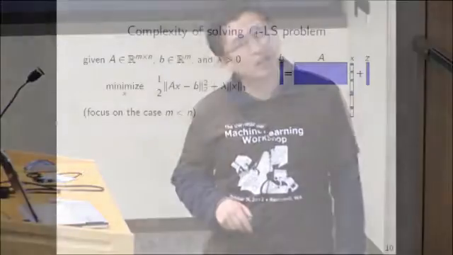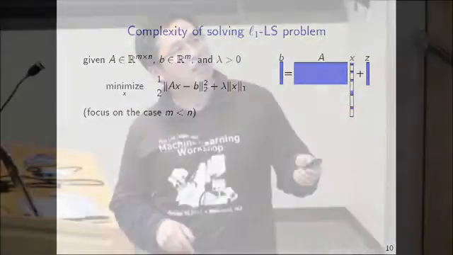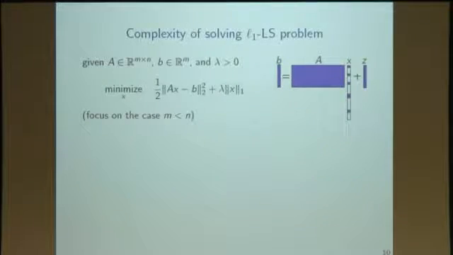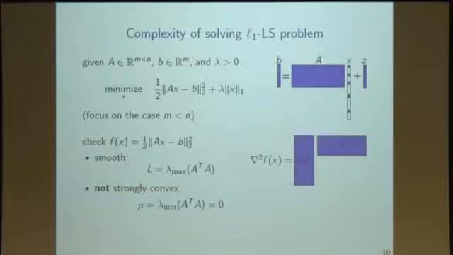Okay, now we have enough background. Let's look at this L1 least squares problem. As I said before, we focus on the case m less than n. So A is a wide, fat matrix. F(x) is the least squares, and you can check the Hessian is just A transpose A. You can see this function is very simple because it's a pure quadratic function. You take the largest eigenvalue of A transpose A, and this gives you the parameter for your quadratic upper bound.